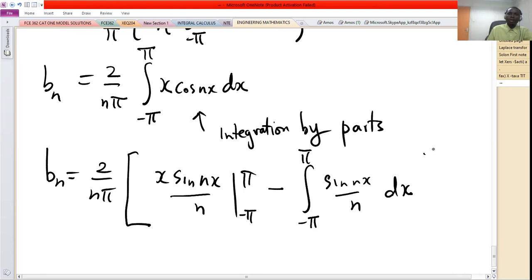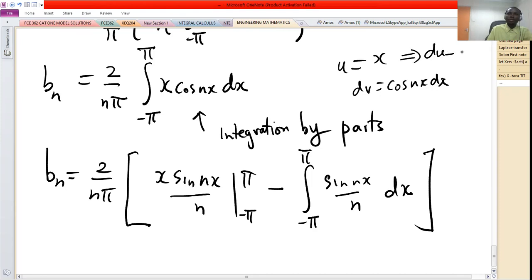So remember here we let u be x, dv be cosine nx dx, which means du equals dx and v equals sine nx over n.